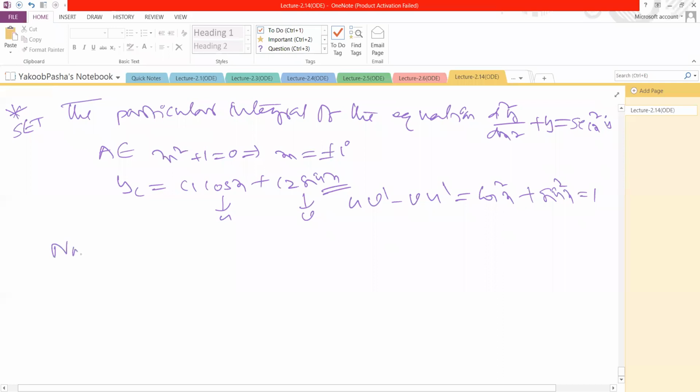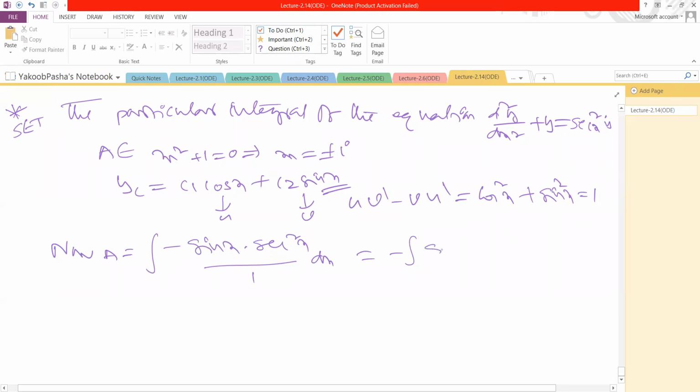Now we go for the A value. A is equal to the formula minus vR, that is sin x into R. R is secant square x. The denominator is dx. So this can be written as minus integration of sin x into secant square x, which can be written as 1 by cos square x.